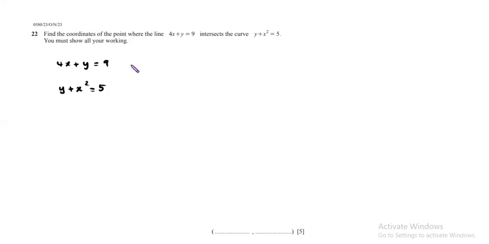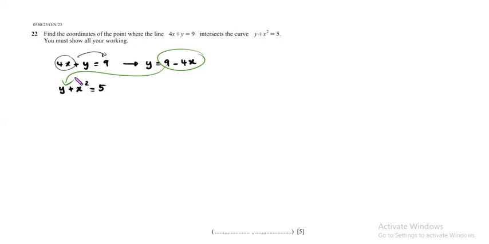So I'm going to make y the subject in the first equation. So I'm going to take the 4x to the other side, so it gets deducted from 9. So y is equal to 9 minus 4x. I'm going to substitute this equation here. And when solving simultaneous equations involving quadratics, the substitution method is always the easiest method.